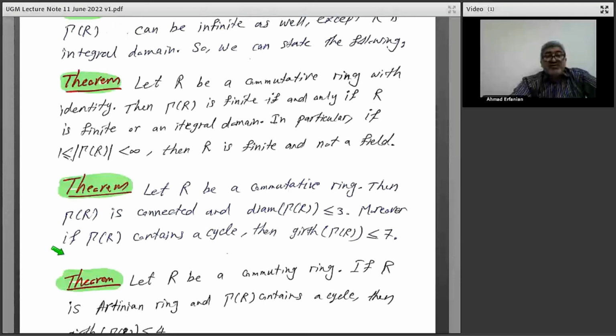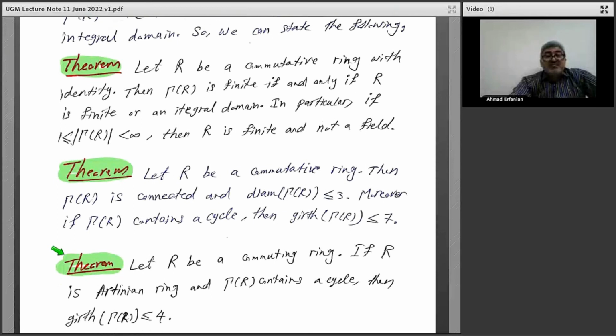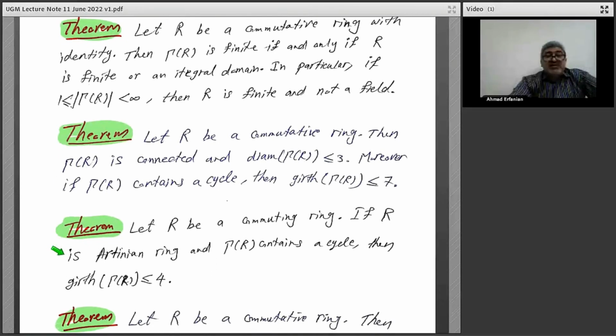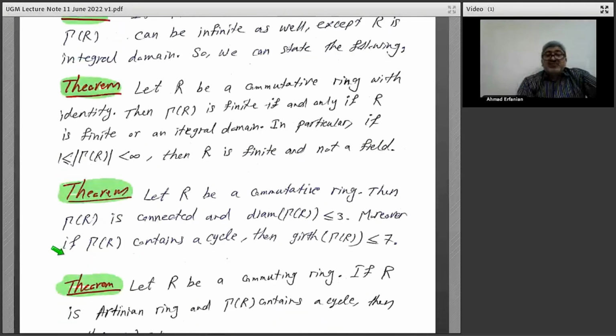Here are some results about the zero divisor graph.